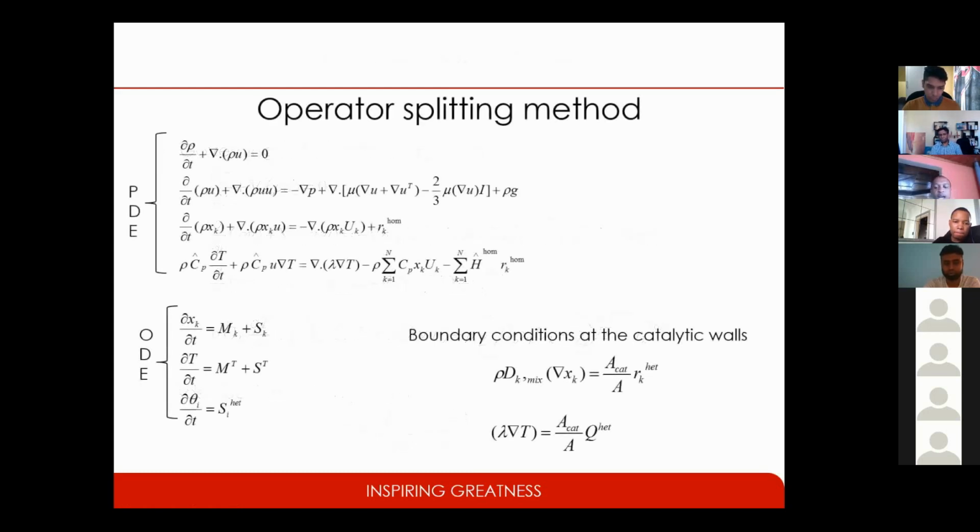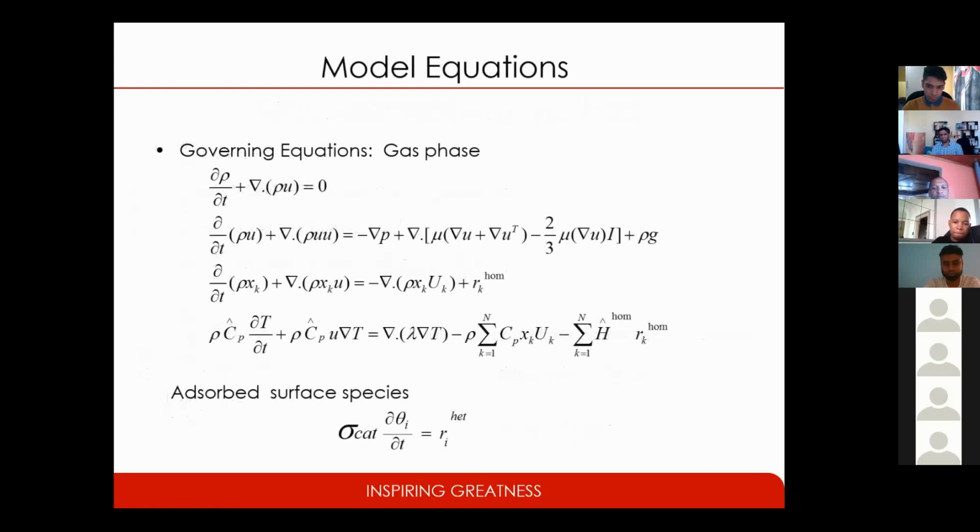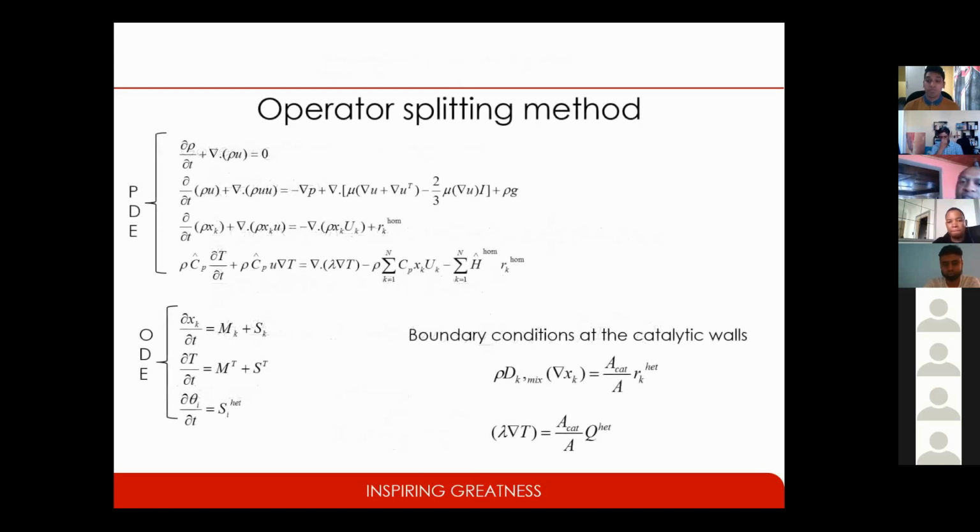And as I've said, now these are the equations that you have in CFD. You have to discretize these equations using various methods. And in this case, there is an efficient method that was used to solve this, which is called an operator splitting method. And it's quite efficient in the sense that it splits the reaction and transport terms, and it uses the appropriate algorithms for each.